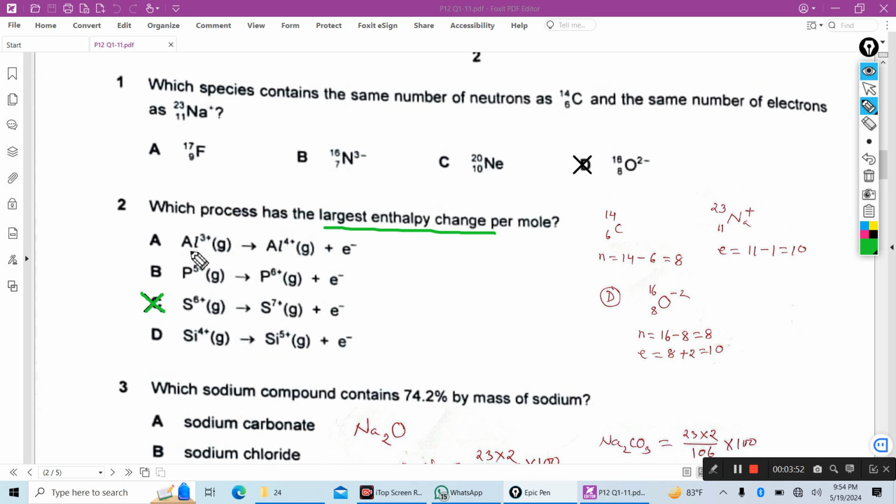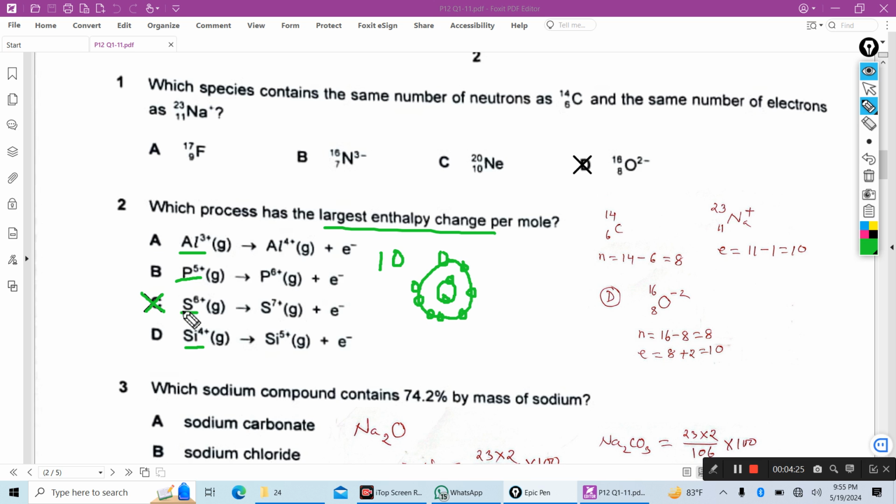Why? You see Al3+, P5+, S6+, Si4+ all have 10 electrons, so the first shell contains 2 electrons, the second shell contains 8 electrons, total 10 electrons.